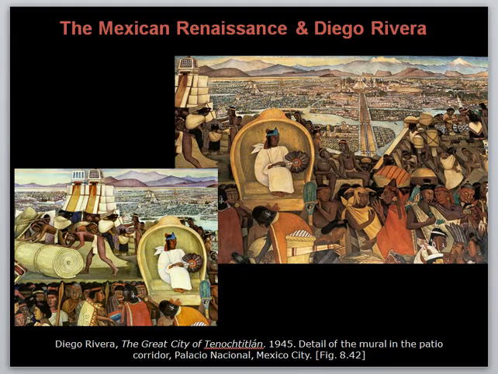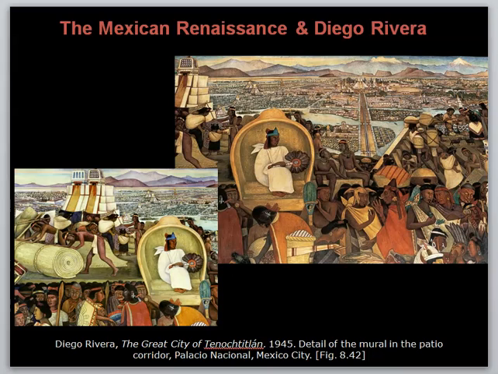You can see the ruler being surrounded, almost like a halo-like form, in a chair, marking his authority, seated on a throne. Behind this Aztec ruler is an image of prosperity in the Aztec world. This is Tenochtitlan, the capital. You can see the canal work. You can see the roads. You can see the bustling economy.